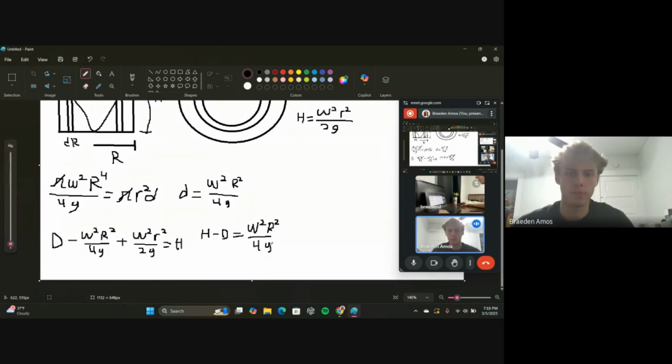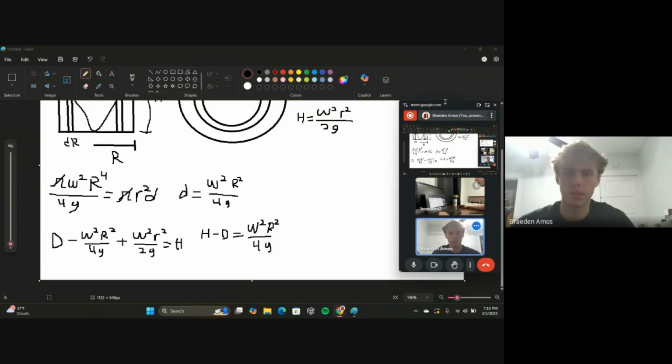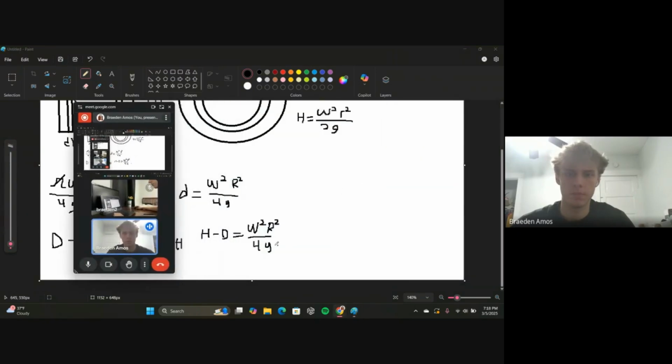So we'll multiply by 4g. So omega equals 4g times h minus d, and we're going to have to divide by r squared, but we also have to square root because this is omega squared, so we'll write it as r, and then we'll square root the top, and that's the final answer.